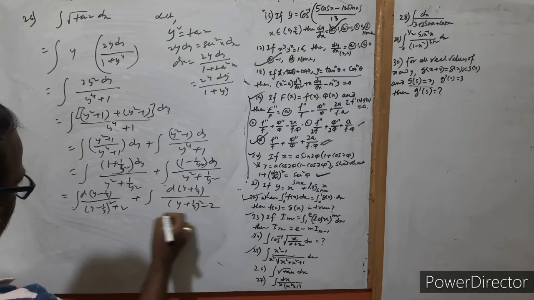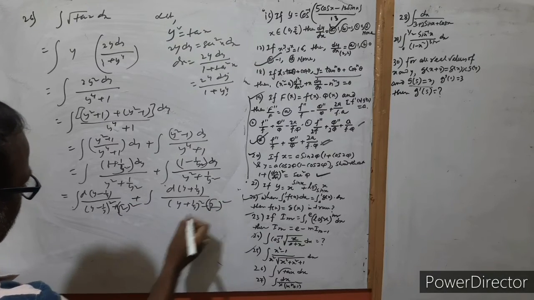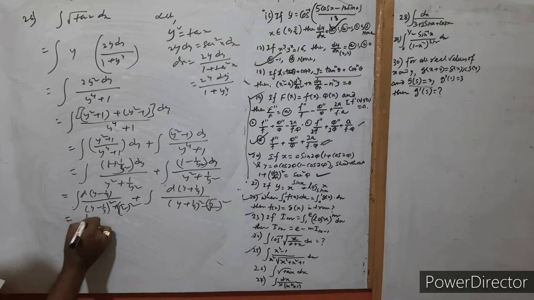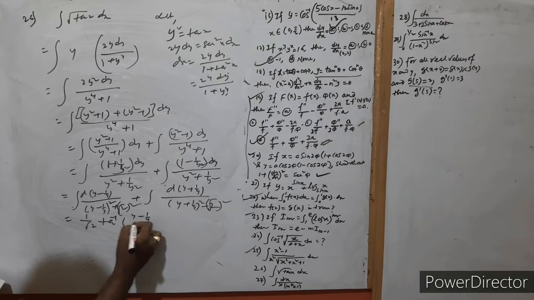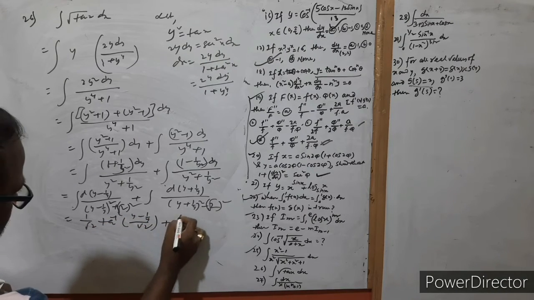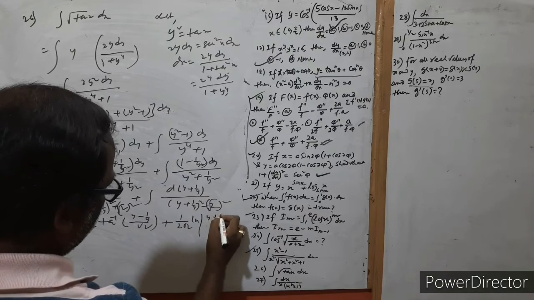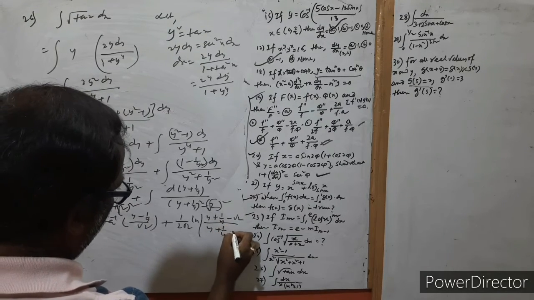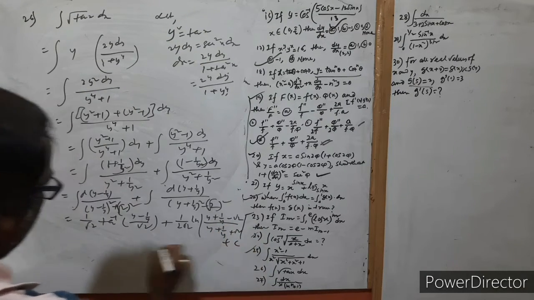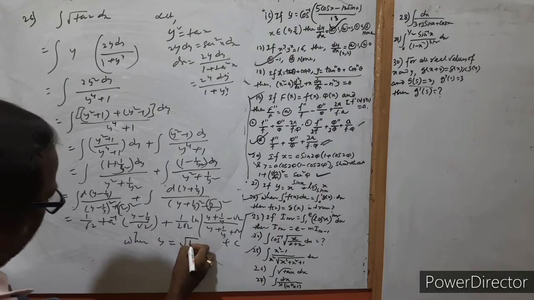So it becomes minus root 2 whole squared and root 2 whole squared. The result is 1 by root 2 tan inverse of (y minus 1/y) over root 2, plus 1 by 2 root 2 ln of (y plus 1/y minus root 2) over (y plus 1/y plus root 2), plus c, where y is equal to root tan x.